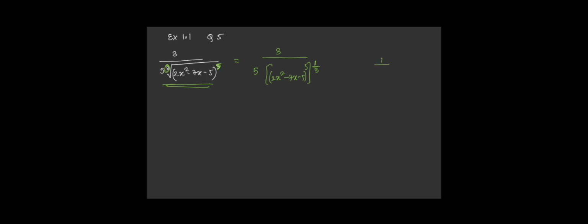We have 1 over the cube root of a raised to 5, so we can say this is nothing but a raised to 5 by 3, since the cube root changes into 1 by 3. So they're applying the same thing here. So this becomes 3 over the fifth root of 2x square minus 7x minus 5 raised to 5 by 3.